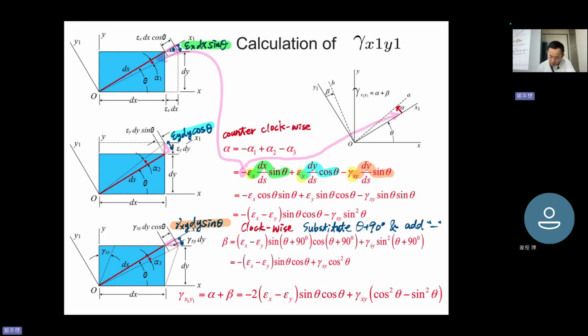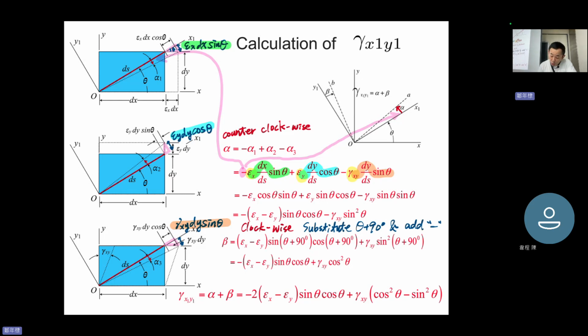What does that mean? You see, x1 direction is here, but actually y1 is the theta plus 90, a new x1. So your y1 actually is a new x1 with theta equal to theta plus 90 degree.